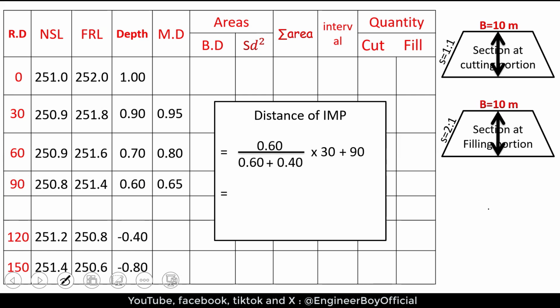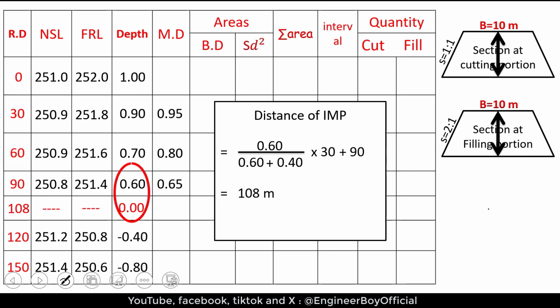This gives me the intermediate point, which is 108. That means at station 108, the cut and fill are just 0. This is very simple and straightforward. We don't have NSL or FRL over there because we are not calculating that. They are not needed, and the depth over there is 0. And 0 depth means no cutting, no filling over there.